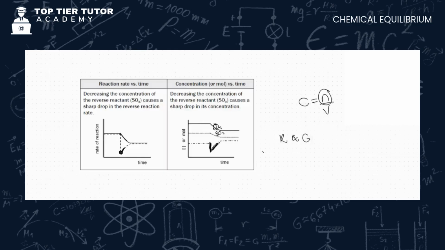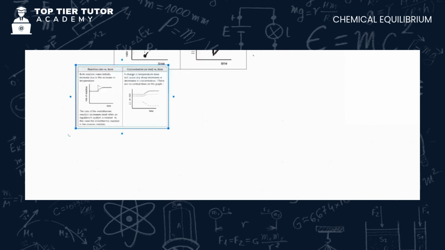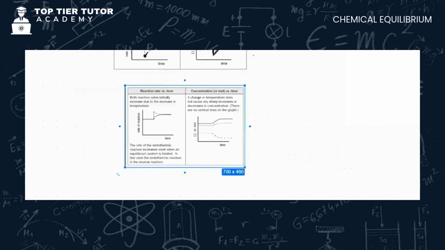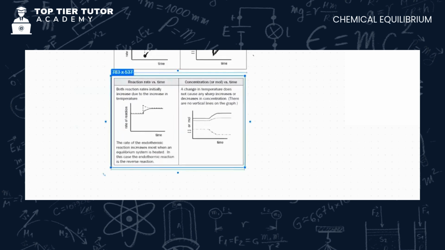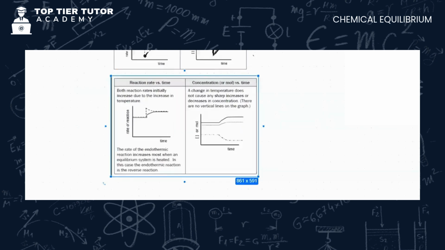Let us say that we are going to increase the temperature of the system, not being specific to say the forward or the reverse reaction, but increasing the temperature of the system as a whole. Now, if we increase the temperature, we understand that, first and foremost, the rate of reaction is directly proportional to the temperature.